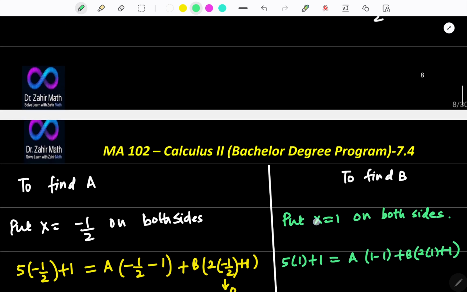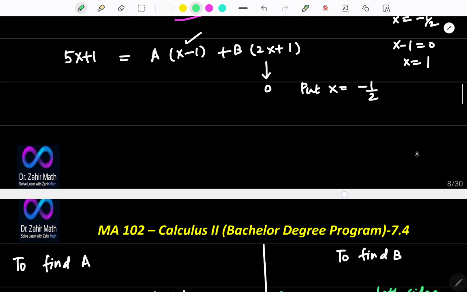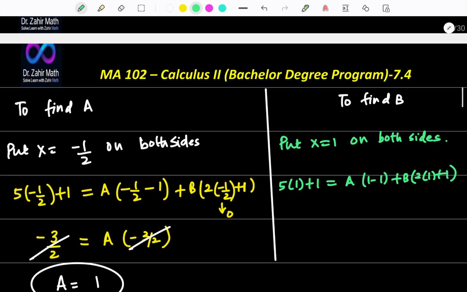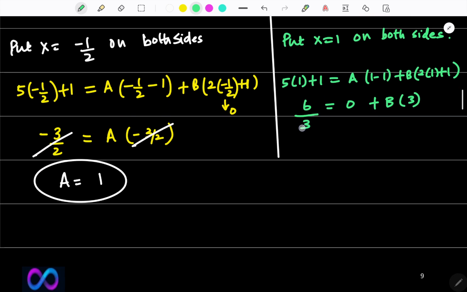Am I right? 2x plus 1. So this is 5 plus 1 is equal to 6, which is equal to, this is 0 and this is plus b. 2 plus 1 is what? 3. So when I divide by 3, I will get b is equal to what? 2. Right? So a is equal to 1, b is equal to 2.